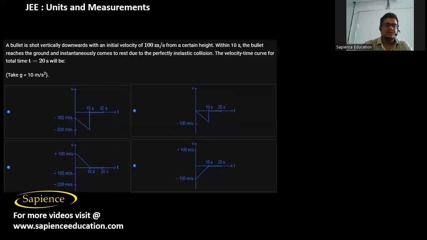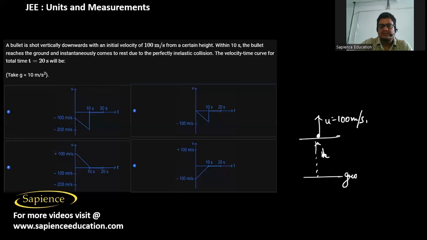Then it is told a bullet is shot vertically upwards with an initial velocity u equal to 100 meter per second from a certain height from the ground.